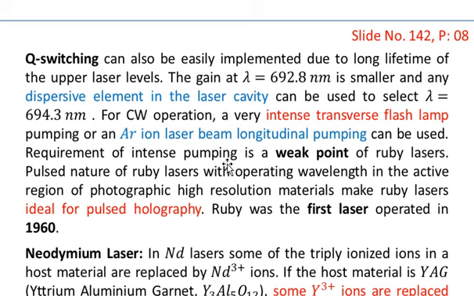Requirement of intense pumping is a weak point of ruby lasers. The pulsed nature of ruby lasers, with operating wavelength in the active region of photographic high resolution materials, makes ruby lasers ideal for pulsed holography. Ruby was the first laser operated, in 1960.